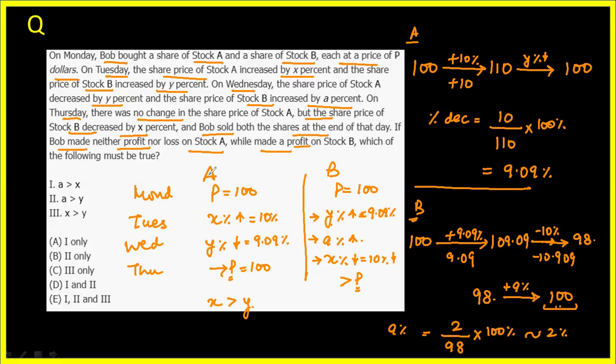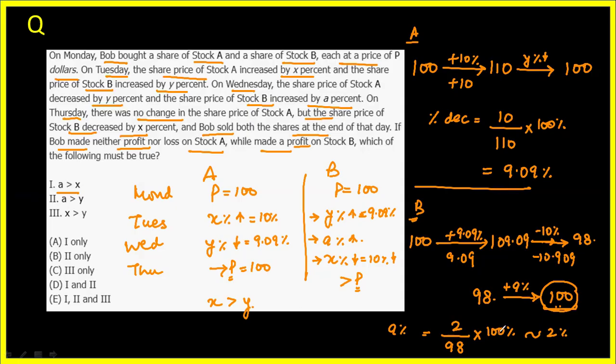That means we cannot say that A has to be greater than X. It cannot be determined, because we don't know this particular part. We have just considered 100 point something, greater than 100, but it could be a bigger value, so the increase could be a bigger value as well.